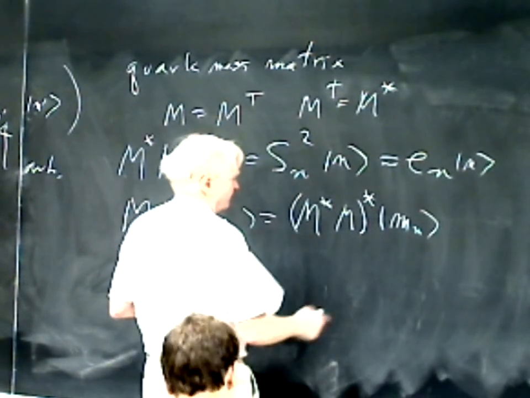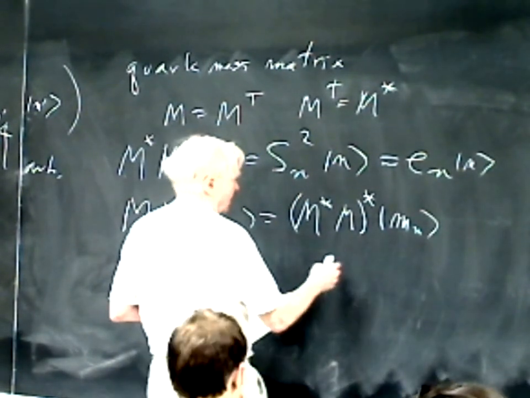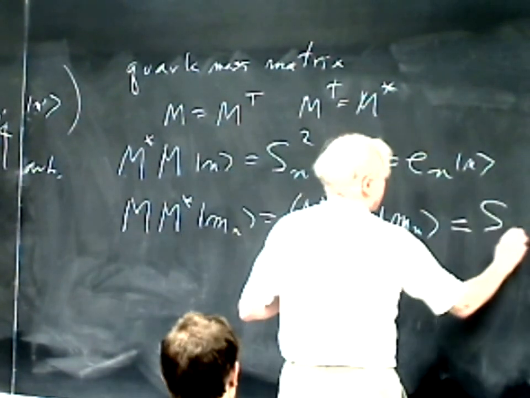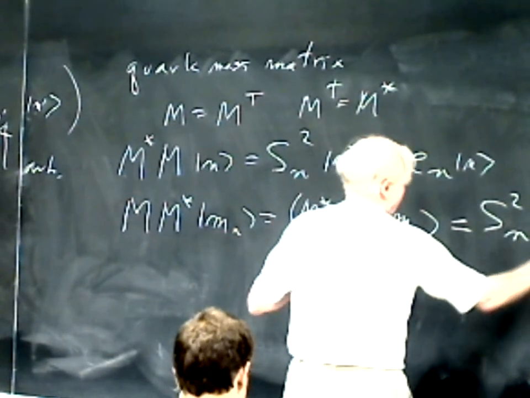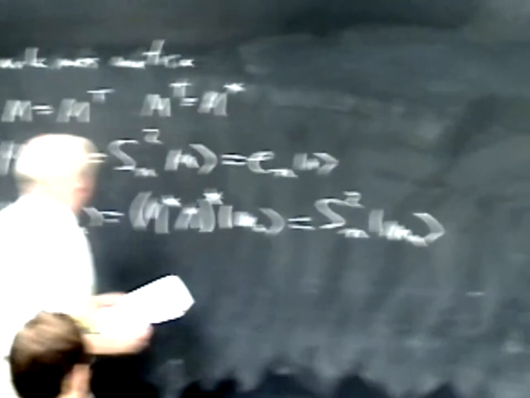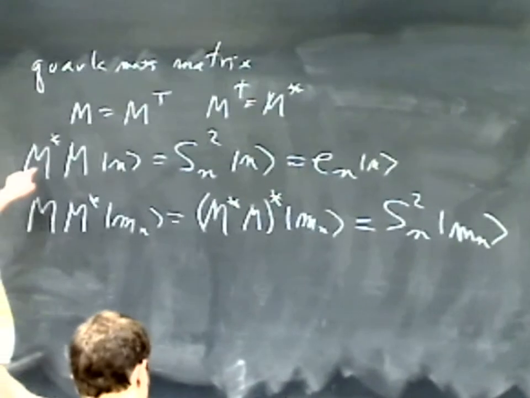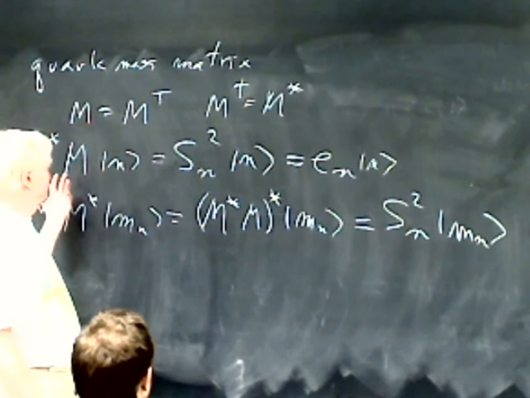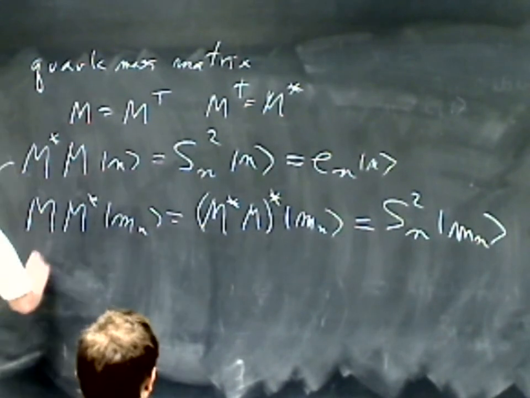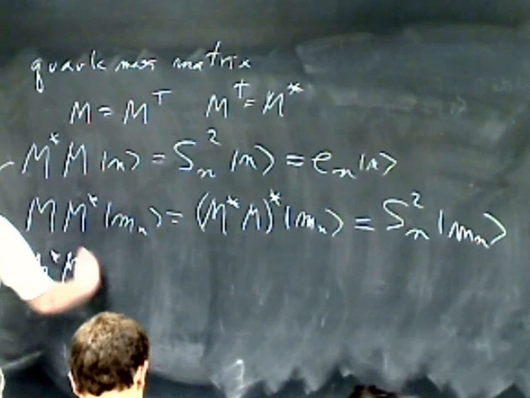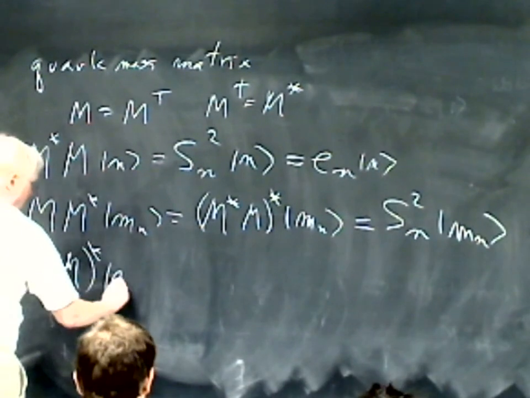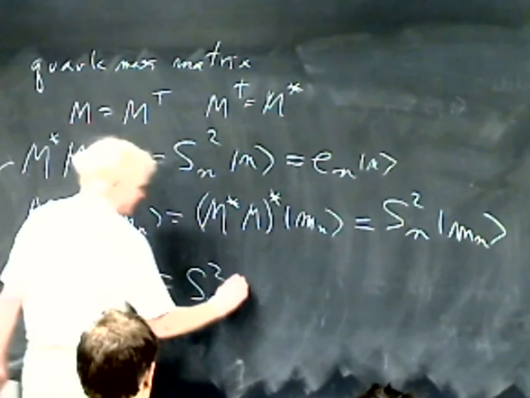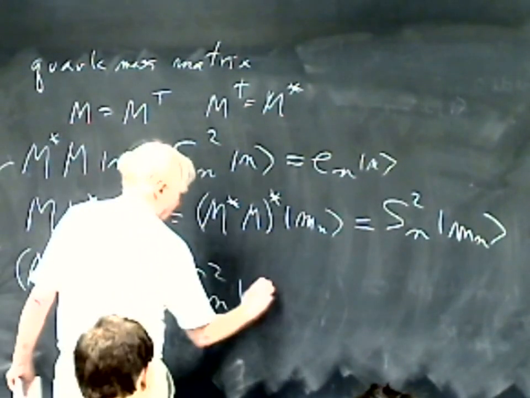And on the other hand, these then are also Sn squared m sub n. That is to say, if you take the complex conjugate of this equation, you then have M star M star n star equals Sn squared, that's positive or non-negative, n star.